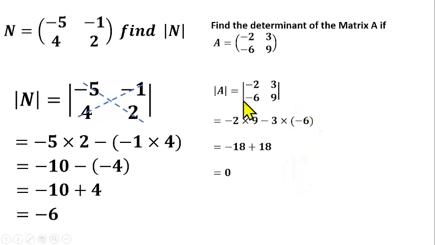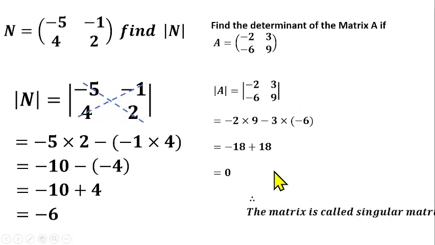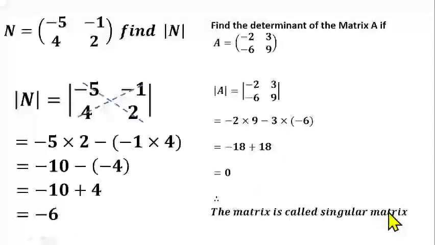The reason I did not give it under the types of matrix is because we did not know what the determinant of a matrix is. So now that we understand the determinant, when you find the determinant of a matrix and it gives you 0, that matrix is called a singular matrix. This is another type of matrix that we must know. When I find the determinant of a matrix and the answer is 0, that means the matrix is a singular what? Matrix.